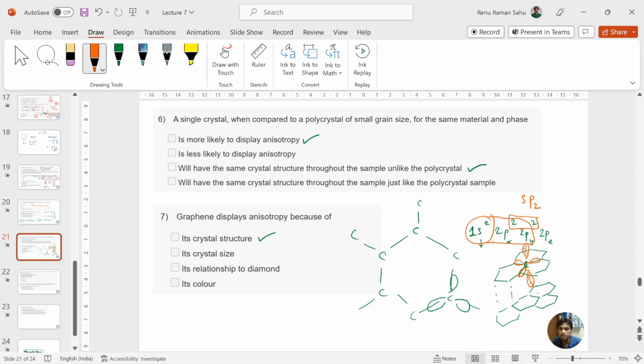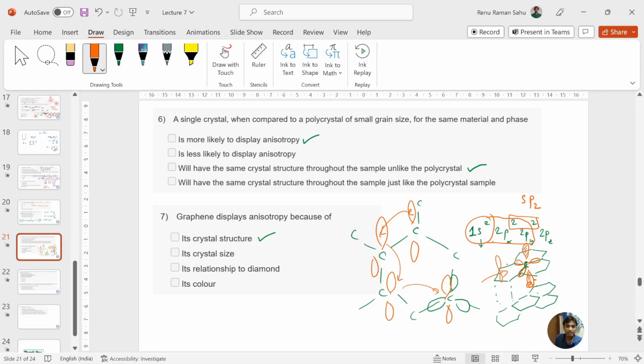One valence electron here, one here, one here, and the last valence electron will be in this pz orbital. This pz orbital is free. So electrons can hop from one carbon to the next carbon, and so on, along the entire plane of this graphene sheet. That is why it has very high conductivity. You got it? Okay.